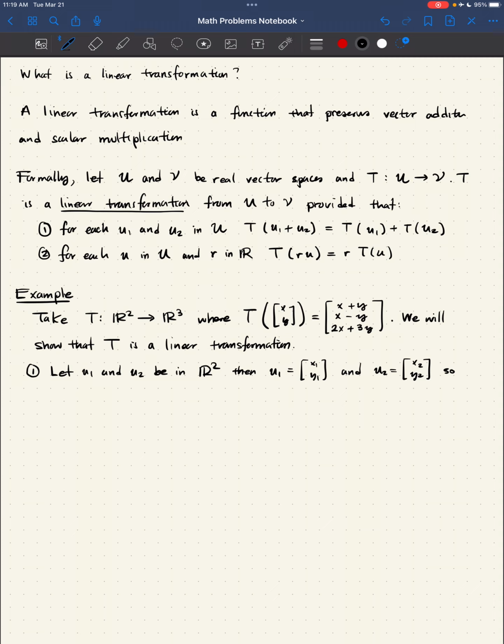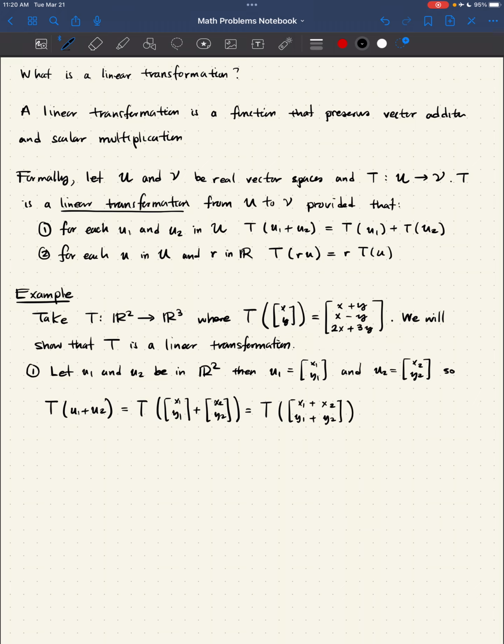So whenever we write the addition of U1 and U2 under T, this might be rewritten as T of x1, y1 plus x2, y2, which of course we may rewrite simply as T of x1 plus x2, and y1 plus y2 on the second.